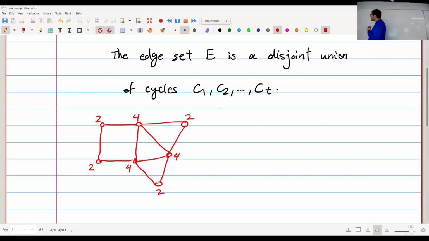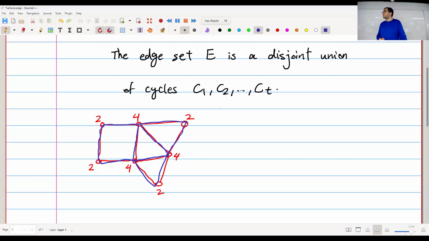Okay. So I'm claiming that the edges of this graph are also a union of several cycles, right? And there are different ways to do this. So I can say, for example, take this cycle, this one, and this one, and they cover all the edges. But I could alternatively say, take this cycle first, and then take this larger cycle around it.